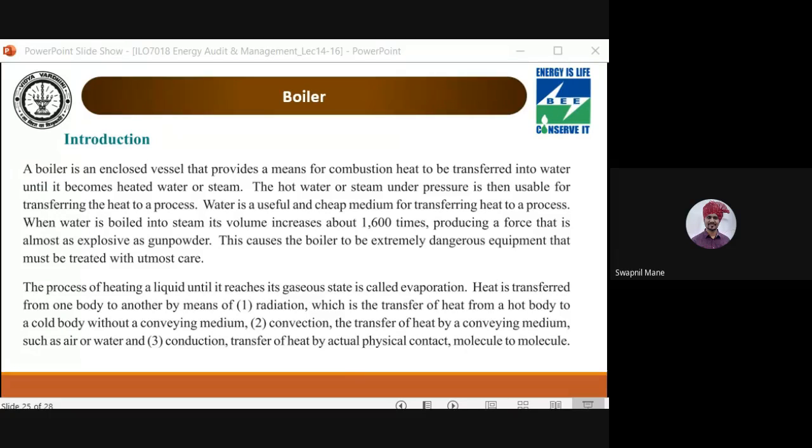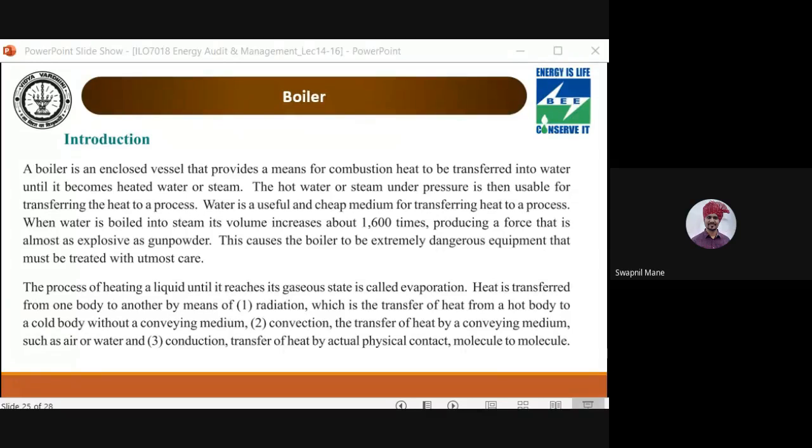The locomotive is a horizontal boiler, yes. And can you tell me whether it is a fire tube boiler or water tube boiler? Fire tube boiler or water tube boiler? Fire tube, that is correct.